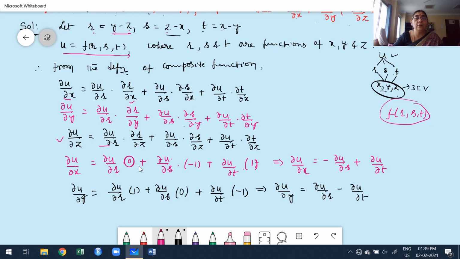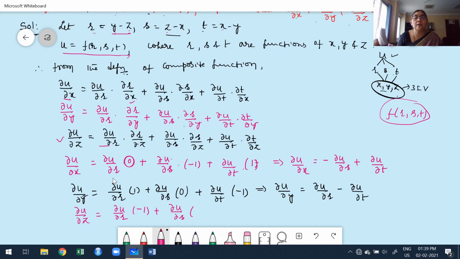And next we are going to find out similarly what actually dou u by dou z is. Dou u by dou z is nothing but dou u by dou r, you can't write any value, you already know that, into r with respect to z. With respect to z means z only varies, 0 minus 1, plus dou u by dou s into derivative of z with respect to z.